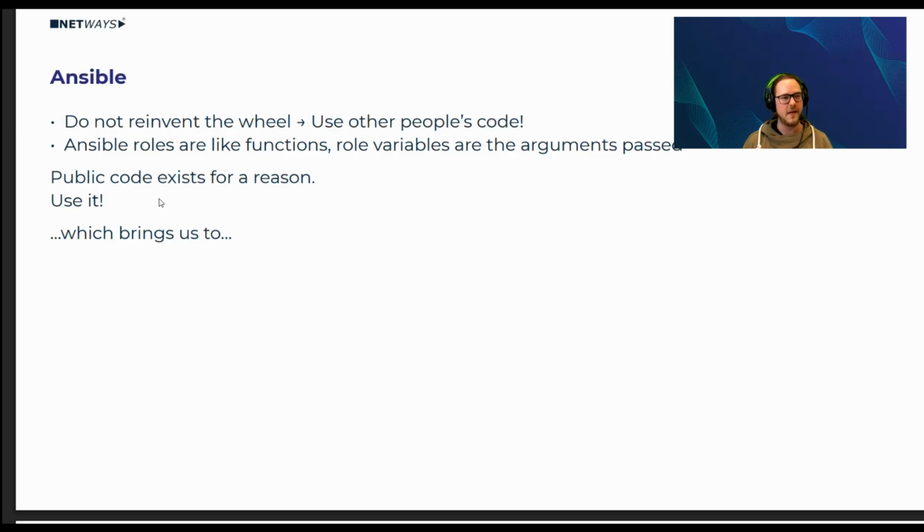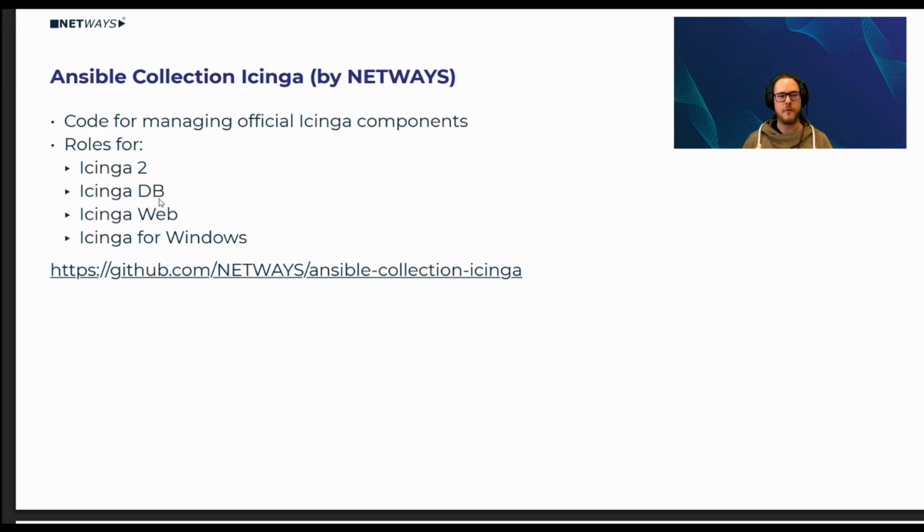Which also brings us to the aforementioned repository, the Ansible Collection Icinga by NETWAYS. We have a few roles for Icinga 2, for example, Icinga DB, Icinga Web, also for Icinga for Windows, and a few other roles. I don't want to list everything. You can just go to GitHub and search for that if you want to see all of it.